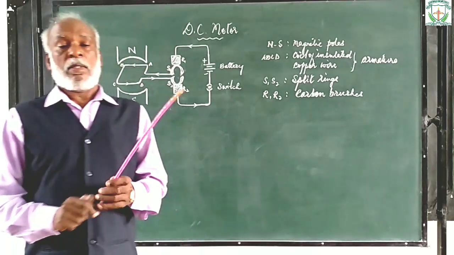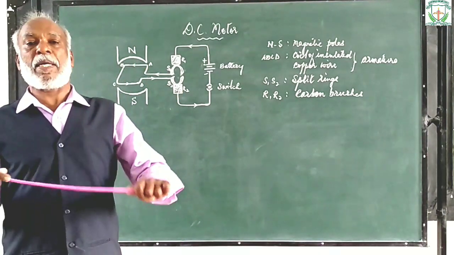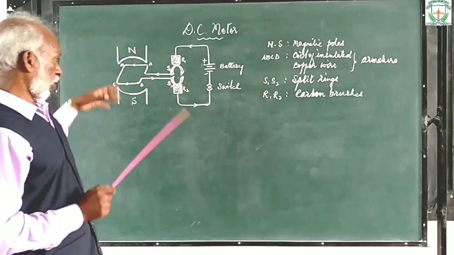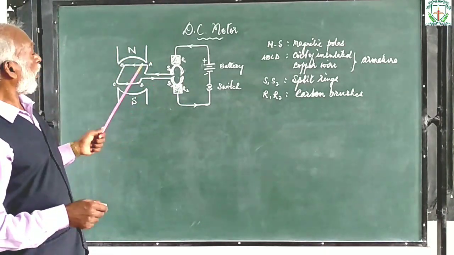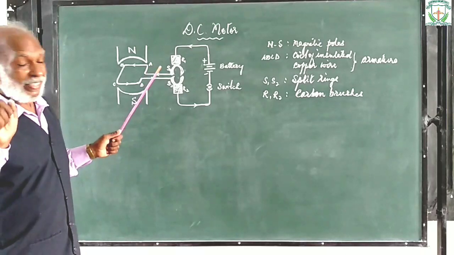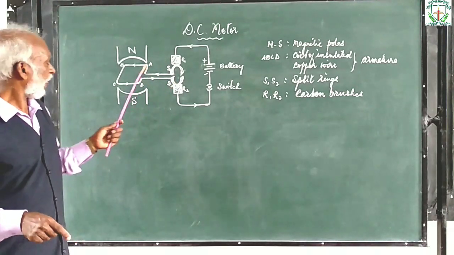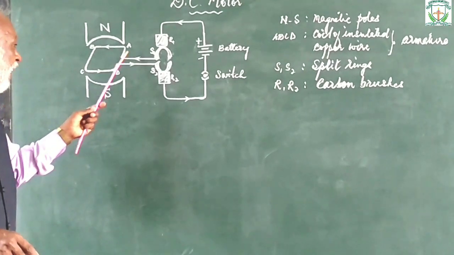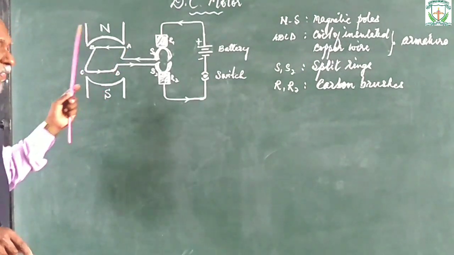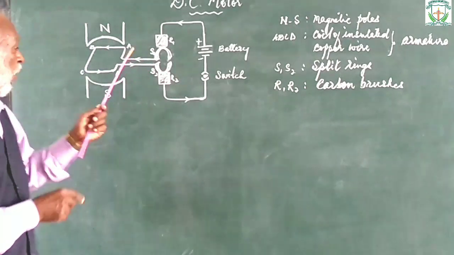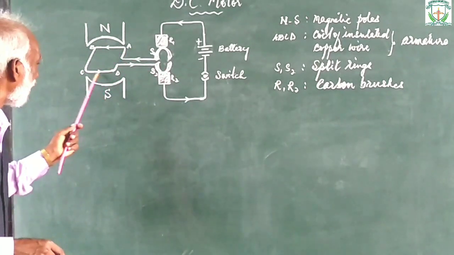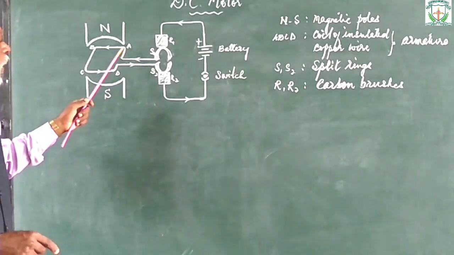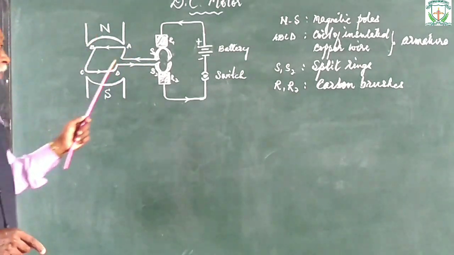Children, the construction and working of a typical DC motor is like this. In a simple DC motor, a coil of insulated copper wire ABCD having several turns. Only one third is shown in this figure, but it will contain several turns.